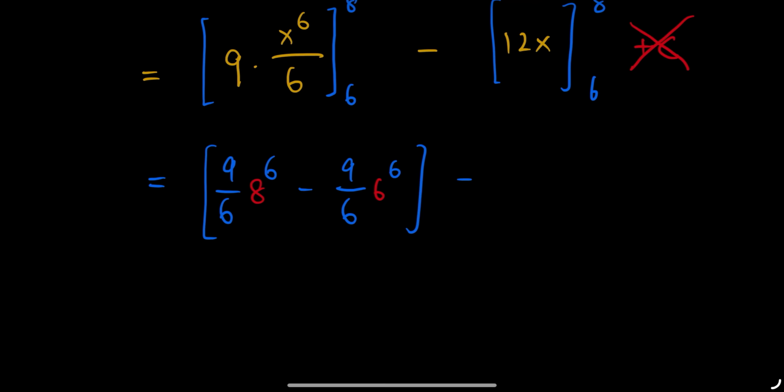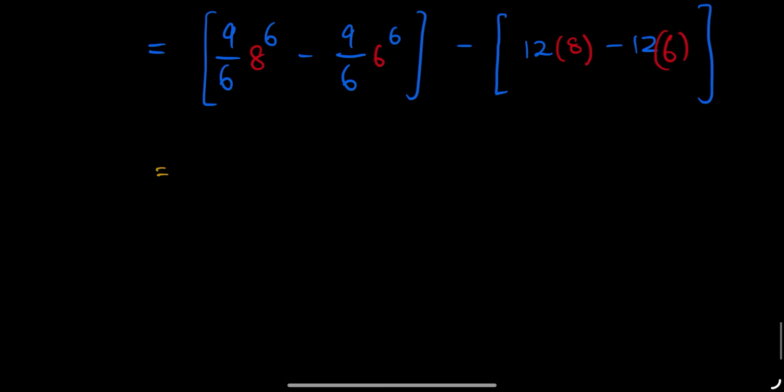Minus 12x, right? So it's just 12 times 8 minus 12 times 6, right? This is some very long algebra, but we know that this somehow converges to this massive value.